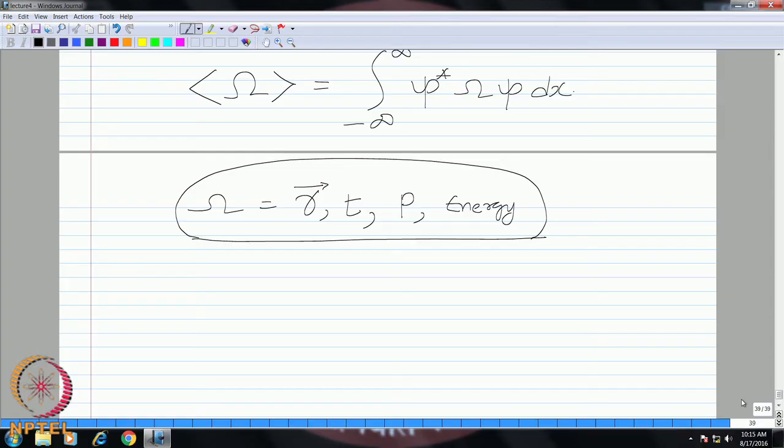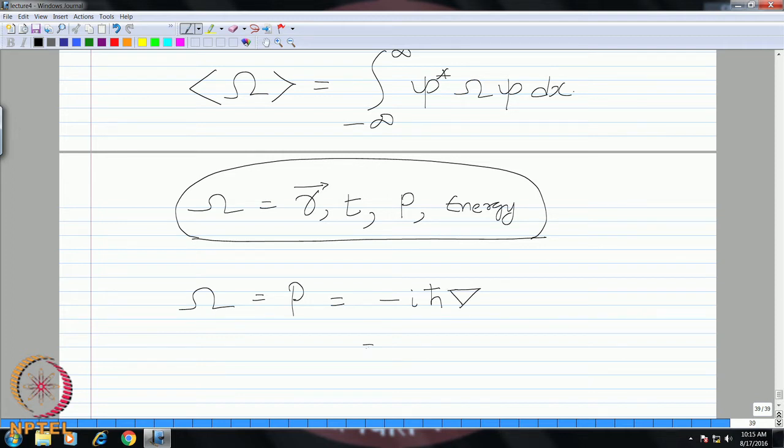Now, what is the momentum operator that we have to use? If capital omega is your momentum operator, now these momentum operators are very specific. So, you have to exactly know how they look. This is given by this particular derivative here, okay.